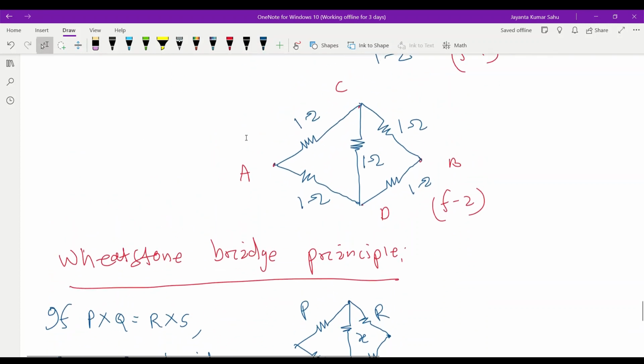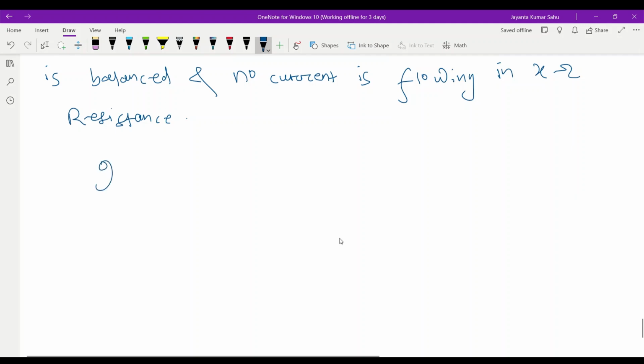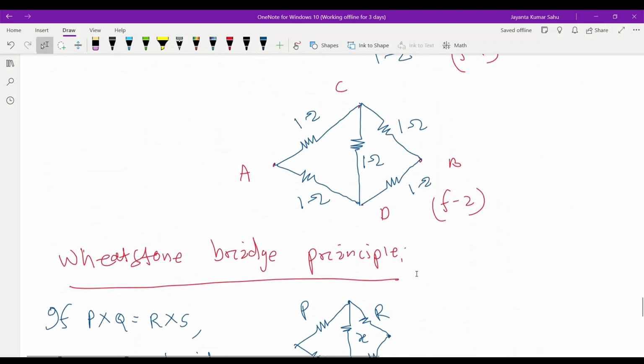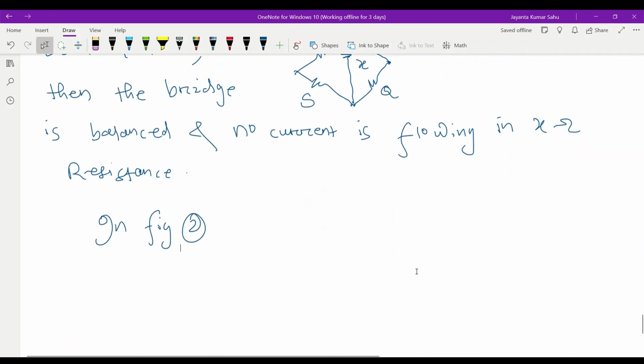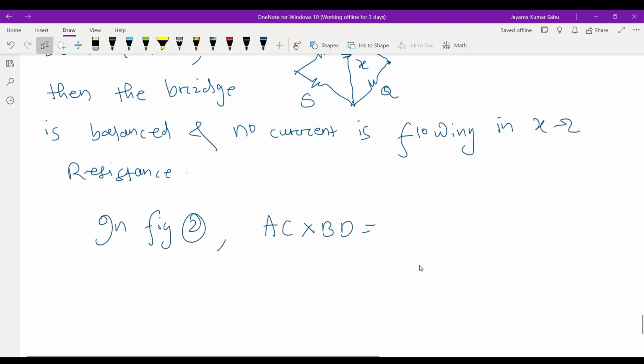In figure 2, what do we get? We can write BC into BD equal to BC into AD. That implies 1 into 1 equal to 1 into 1.